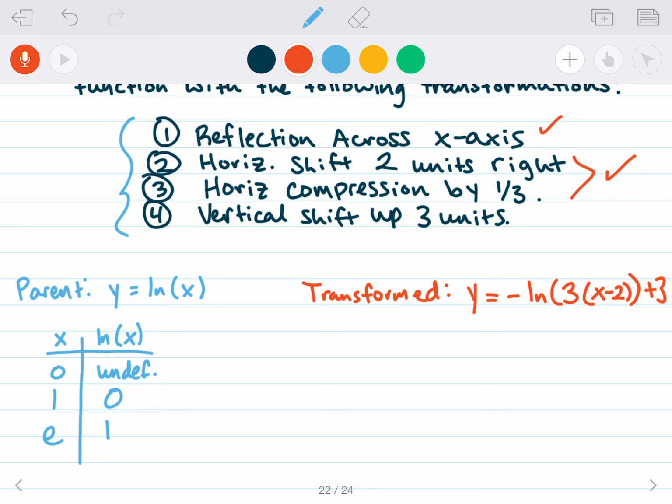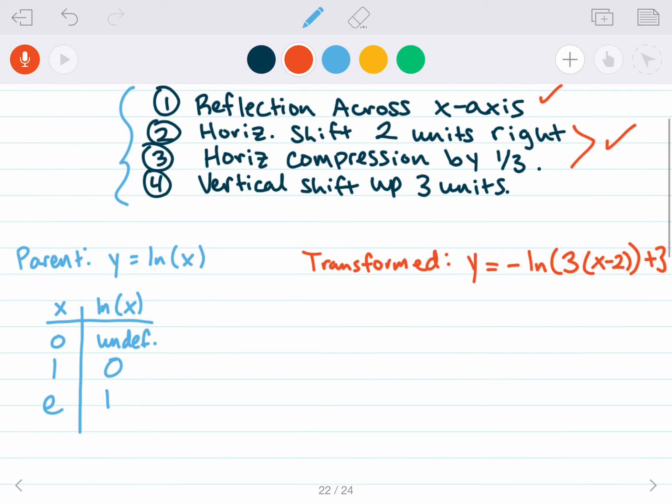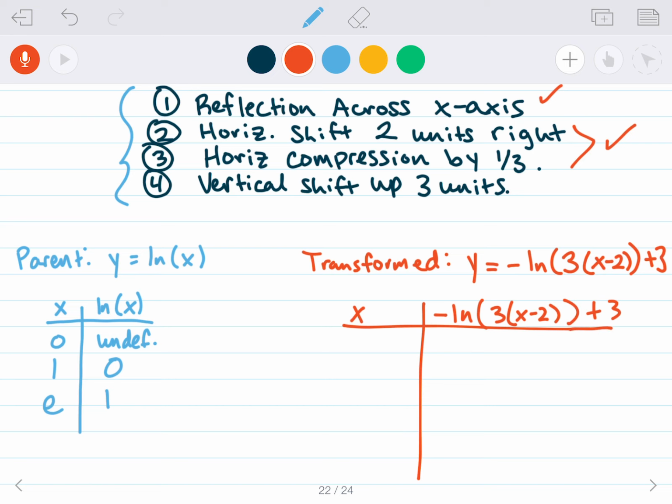So with my transform function, what I can do to get my new x values is I can first set my arguments, which is 3 times x minus 2, equal to these x values. Right?